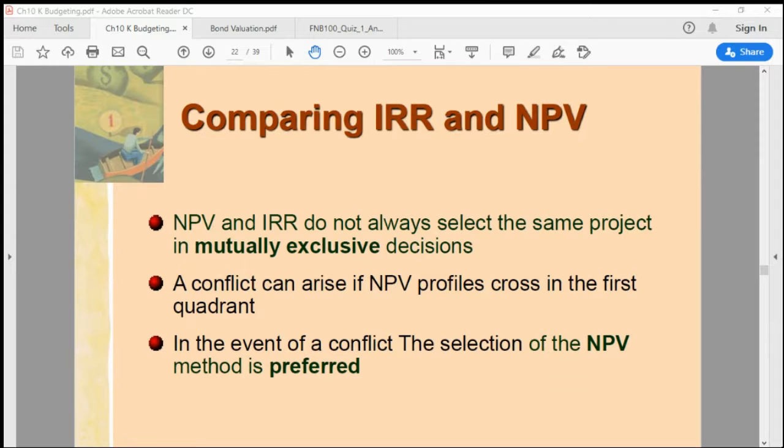positive rate of return and a negative internal rate of return, but although theoretically that can happen, in reality, even if that happens, you're not going to take that negative one as the internal rate of return, right?